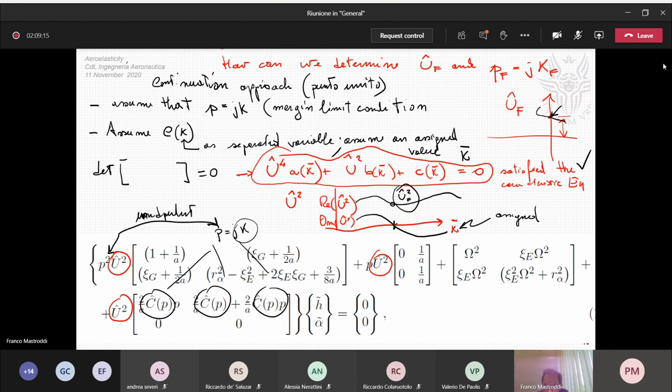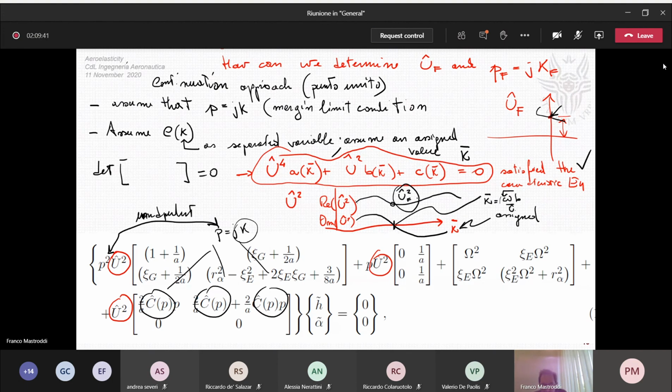The value of k here that you have found, which is by definition omega b divided by u. You have u, you have k, so you have omega. And you have finished because you have satisfied your characteristic equation.